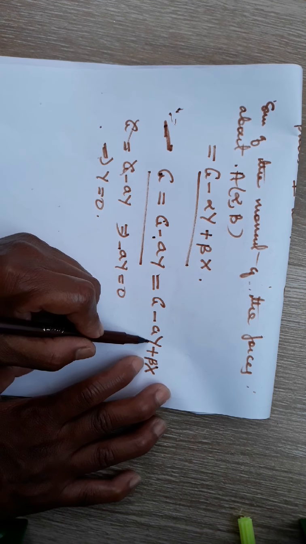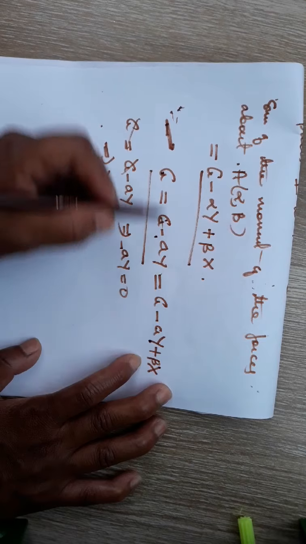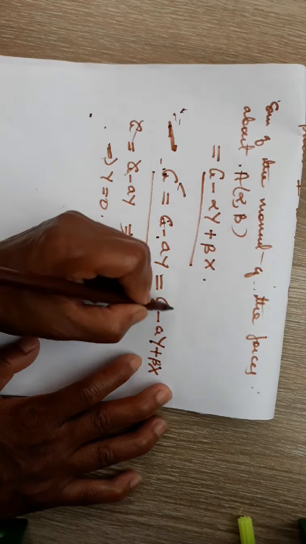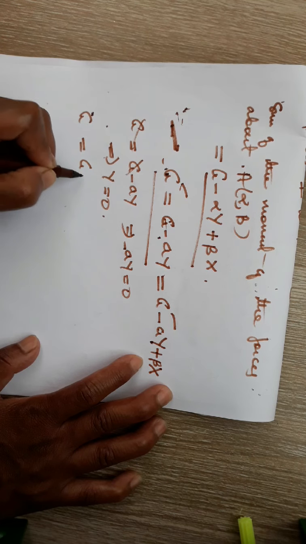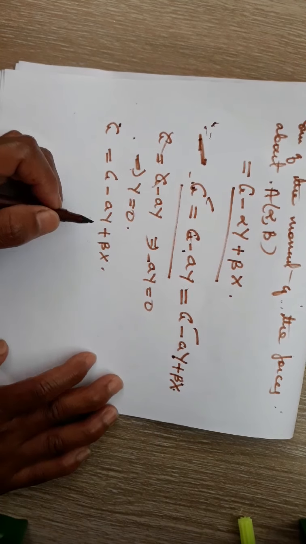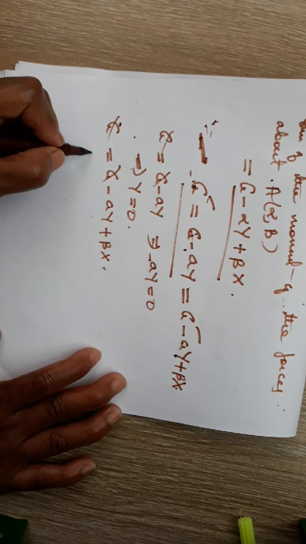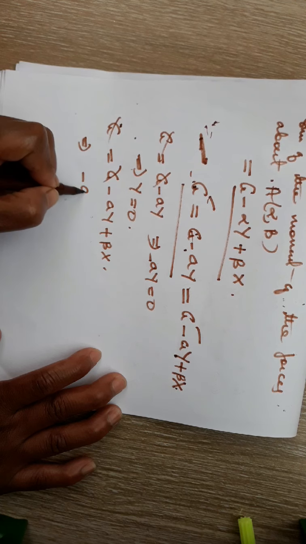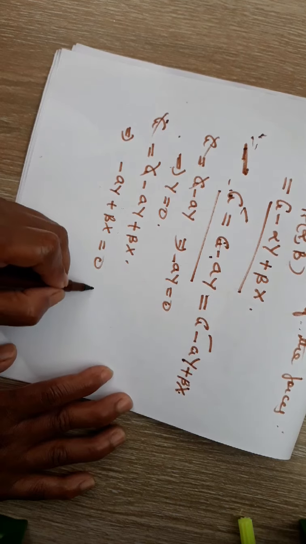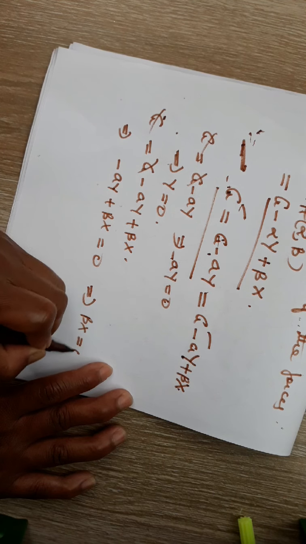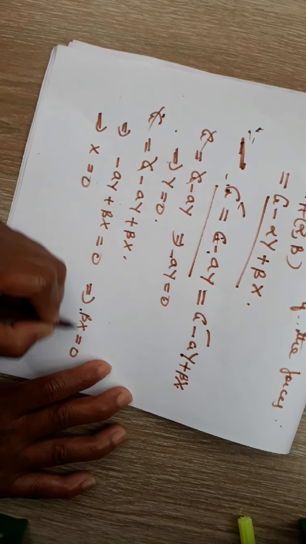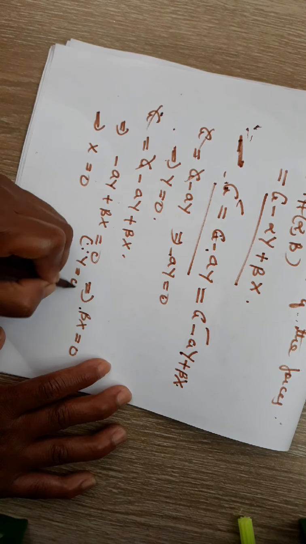Substitute the value of Y as 0 and compare with this: G is equal to G minus alpha Y plus beta X. G can be cancelled, so minus alpha Y plus beta X is equal to 0, but Y is equal to 0, so beta X must also be equal to 0. But beta can never be equal to 0, which implies that X is equal to 0.